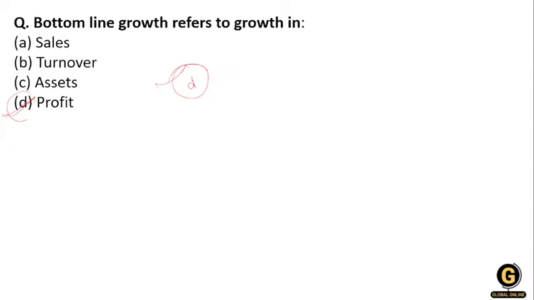Now let's understand the top line and bottom line. What is the bottom line? Bottom line is a company's net income, or you can say the bottom figure of the company's income statement. The income statement shows your profit. Now what about the top line?